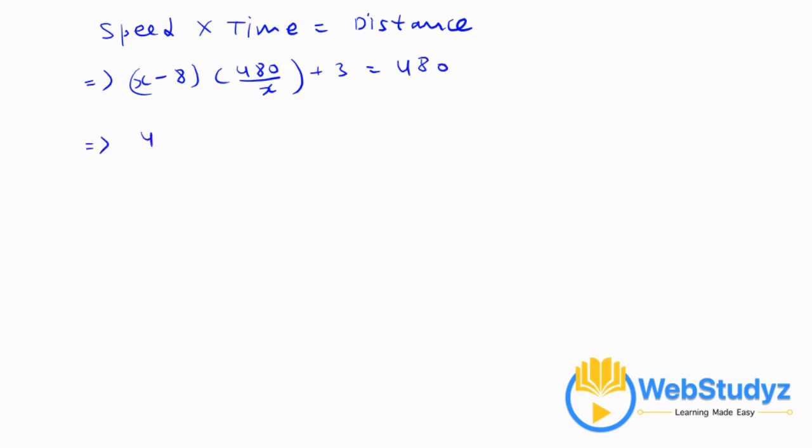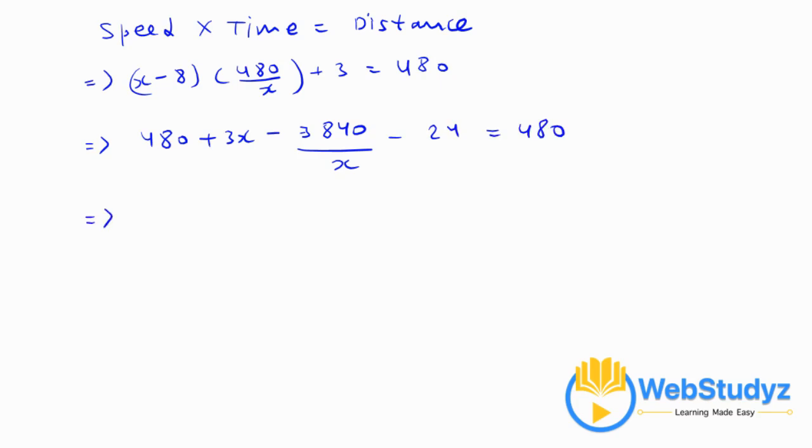Solving this, we get 480 plus 3x minus 3840 by x minus 24 is equal to 480.